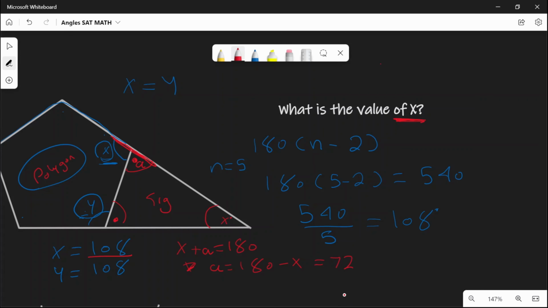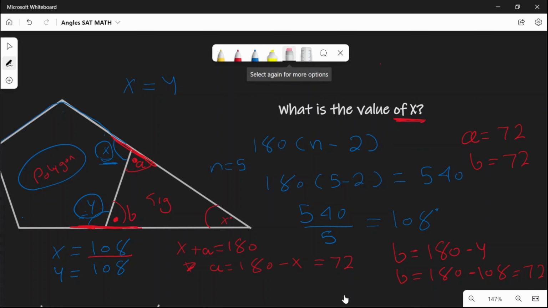So now we know that the value of angle A is equal to 72. What about the value of this angle here? Let's say angle B. The value of angle B is equal to 180 minus the value of angle y, because both of them are based on the same line. So the value of B is equal to 180 minus 108, which is 72. So B is equal to 72.